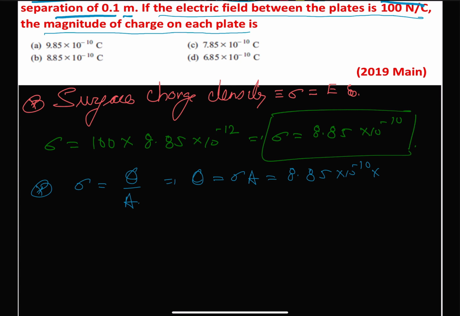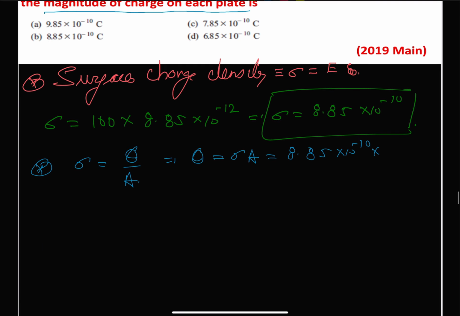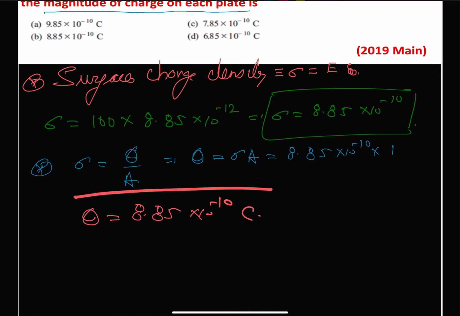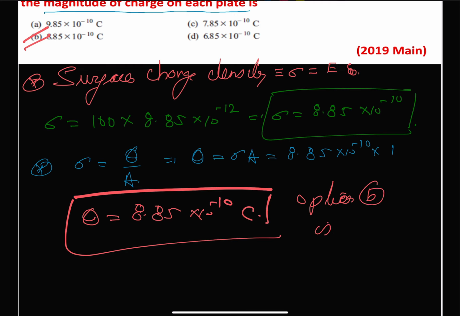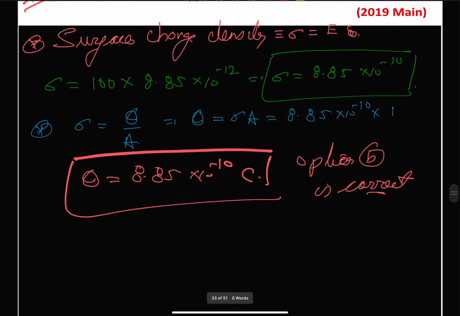Area is given to us as 1 meter square, so this comes as 1. So we get our charge Q is equal to 8.85 into 10 to the power minus 10 coulombs. So option B is the correct one. Option B is correct. Next question.